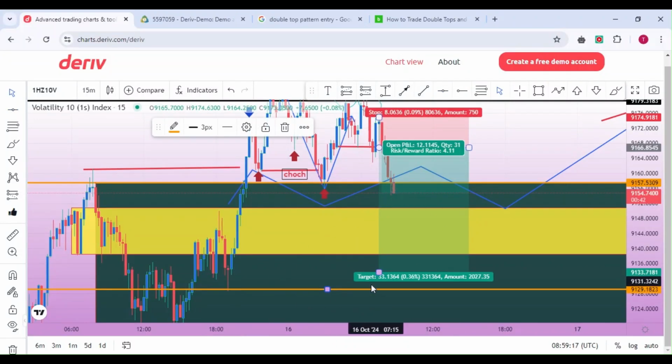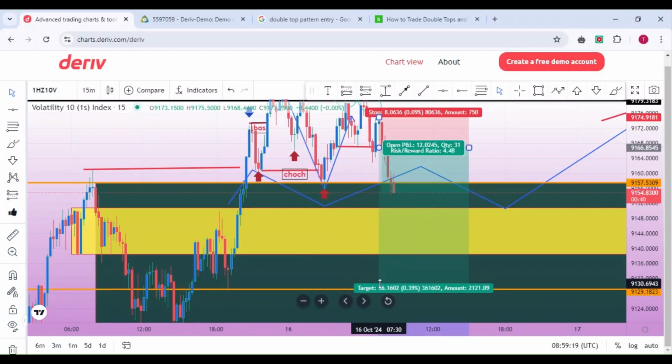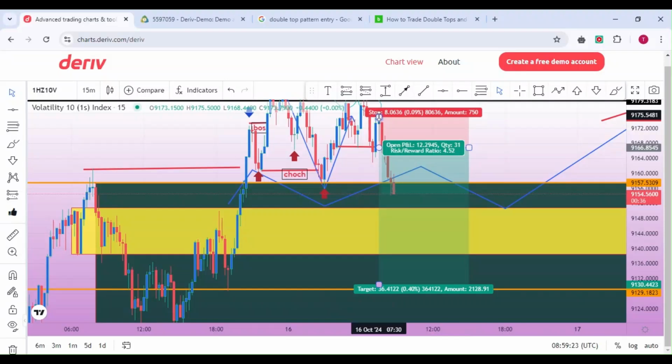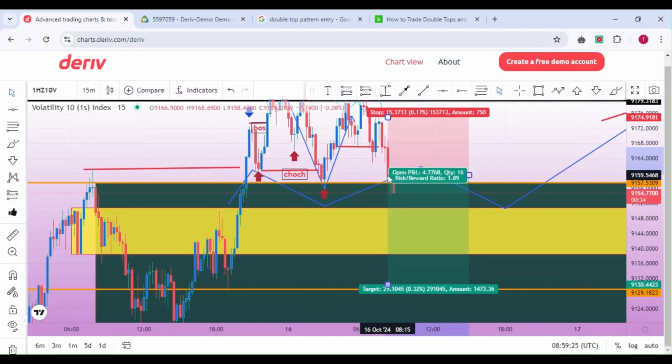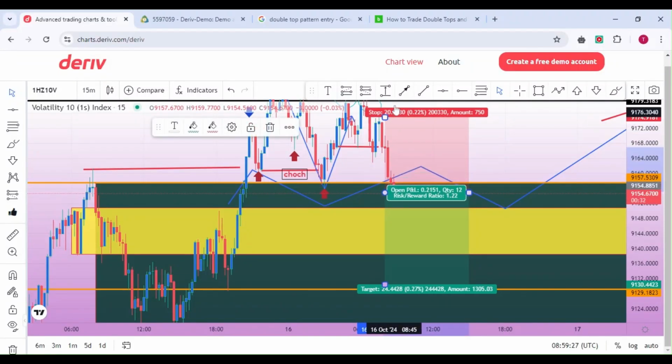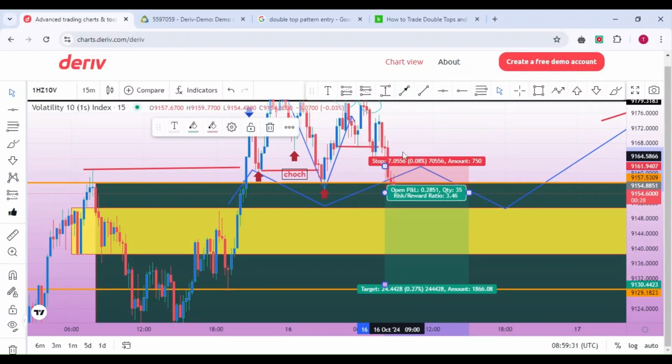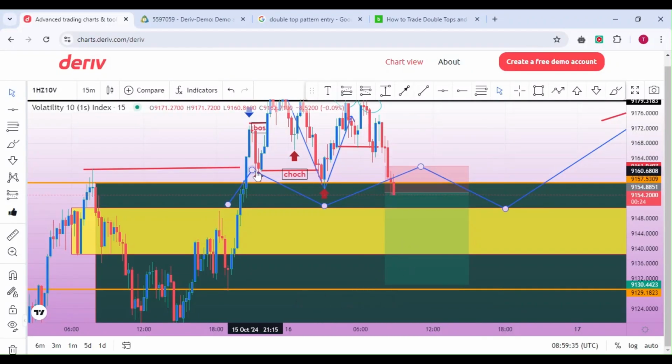See, those who took the trade there would now have scooped that trade, and now would come and enter on that zone, and push it to break even and proceed to the downside. So that's a very nice trade to take.